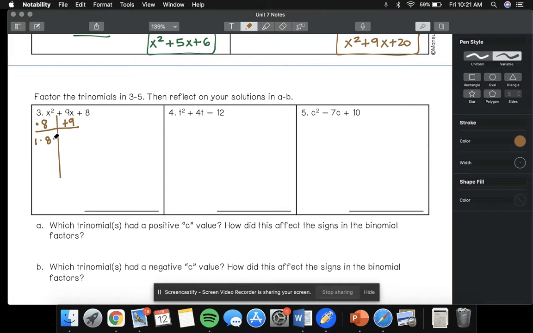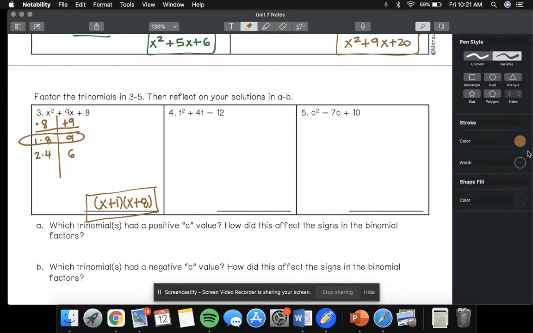You can make 8 by doing 1 times 8 and doing 2 times 4. When I add these together, the sum would be 9. When I add these together, the sum is 6. So it looks like my two factors will be x plus 1 and x plus 8.